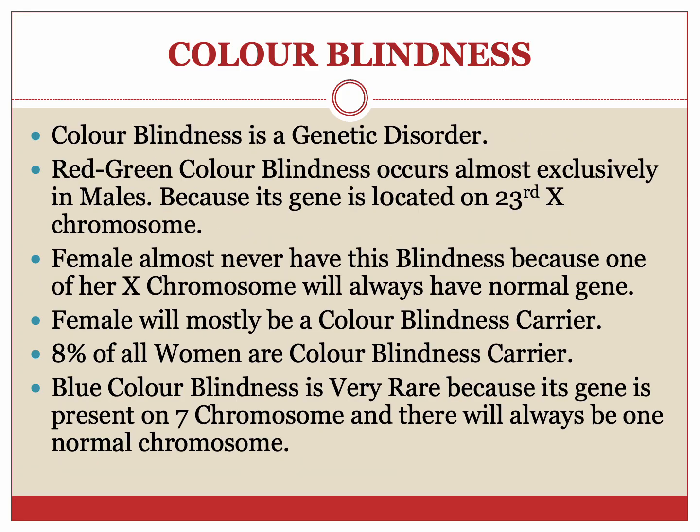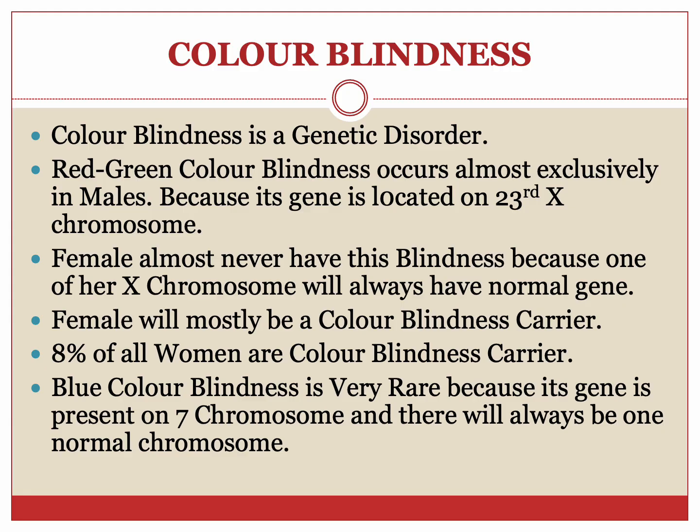Okay. Color blindness is a genetic disorder. Like for red and green color blindness, it is almost exclusive for males. Why? Because its gene is located on the X chromosome and males only have one X chromosome. So if that particular X chromosome is defective, then the male will be completely blind for that particular color. Okay. But females almost never have this blindness, because one of her X chromosomes will always have a normal gene, since females have two X chromosomes.